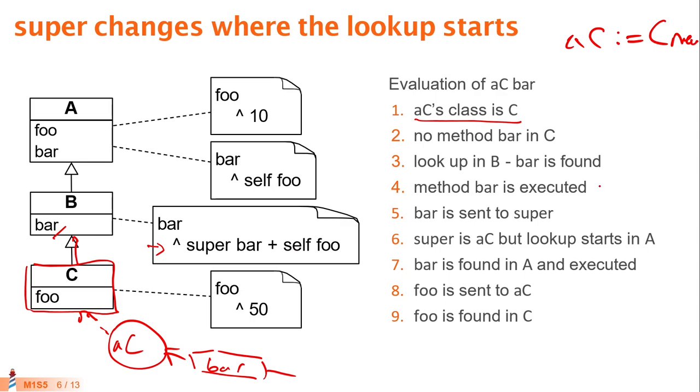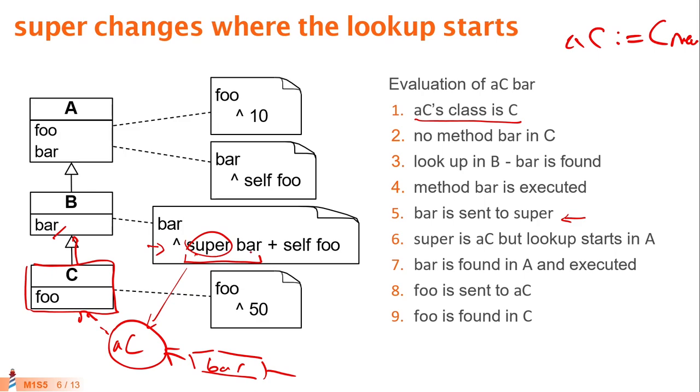Now we need to define what super bar is. Super bar is, of course, another message send. The thing that changes here is that super is also a reference to our instance C, but it changes the way the method lookup works.